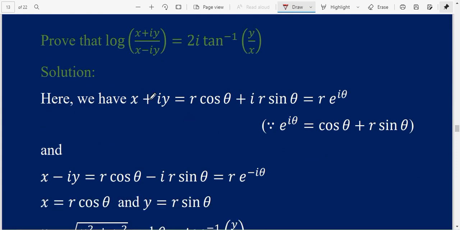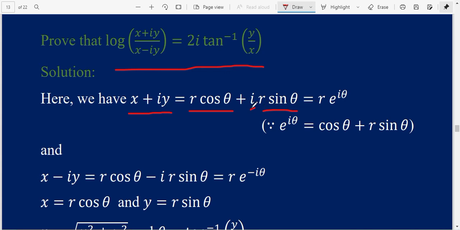Now prove that log of (x plus iota y) upon (x minus iota y) is equal to 2i tan inverse y upon x. Now this is the solution. We have x plus iota y, where x is equal to r cos theta and y is equal to r sin theta.